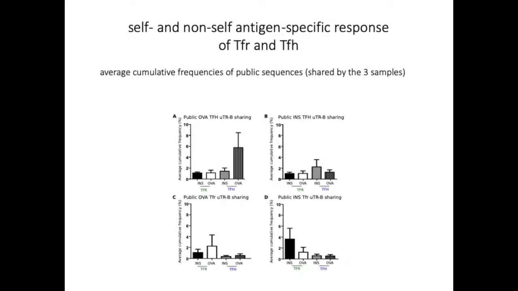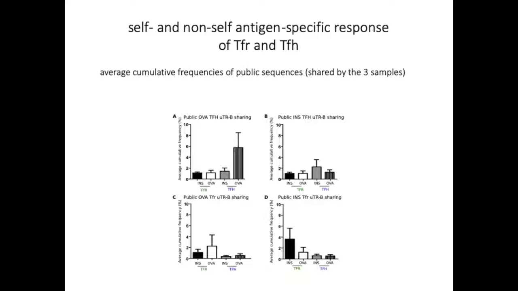So because we didn't see it with this kind of analysis, we tried to force the system a bit. For example, we looked at the average cumulative frequencies of public sequences that are shared by at least 3 of the 6 samples we had per cell type and per immunizing condition.